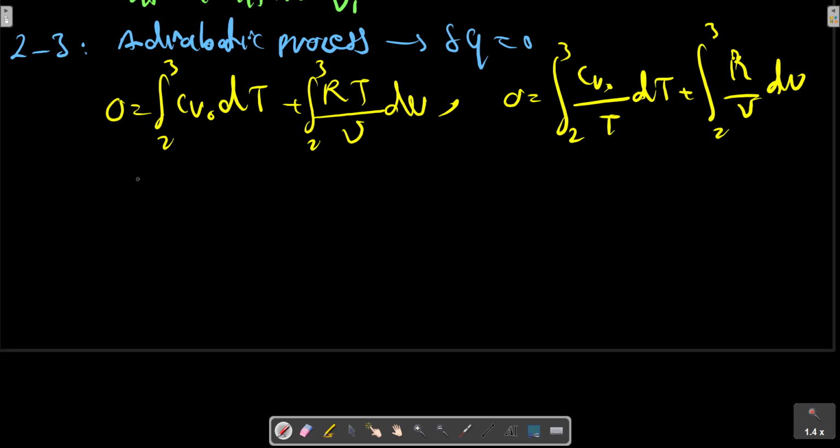For an ideal gas, C_V0 is constant and R is also constant. We can calculate that then.